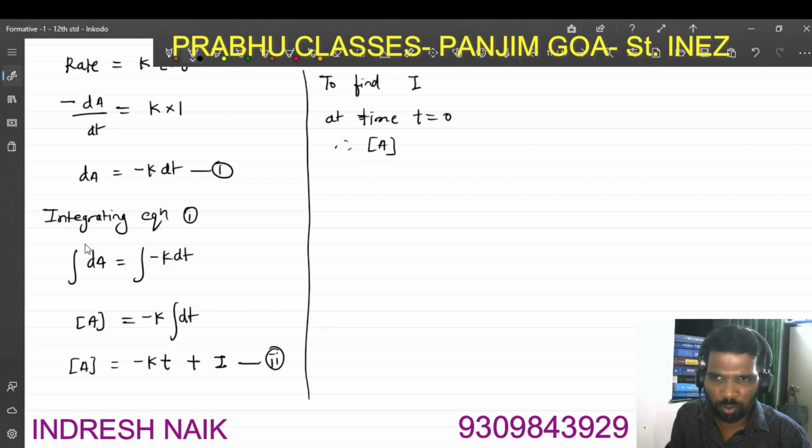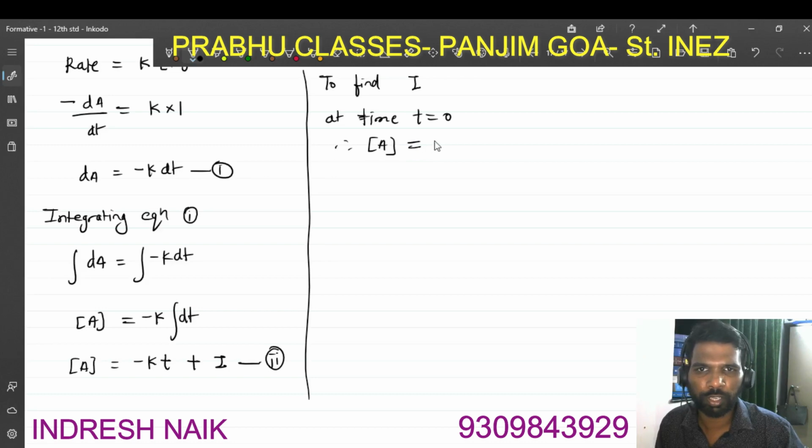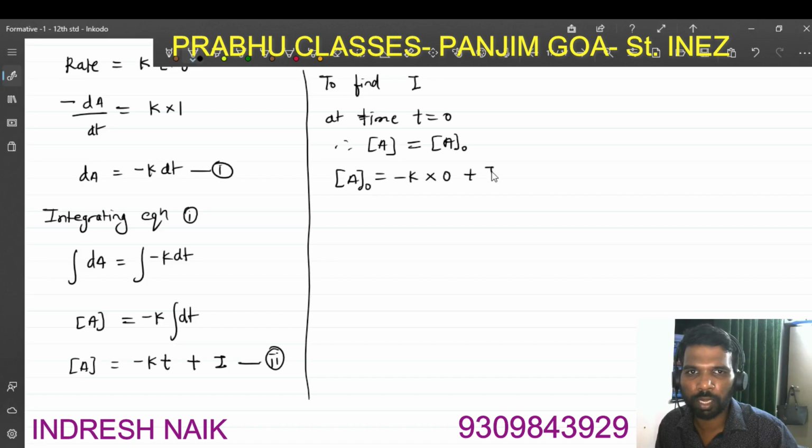You can start with R also; accordingly, this thing is going to change. At time t equal to 0, the concentration of A is equal to A naught. Substituting that in equation 2, I write A is equal to A naught minus k into time, which is 0, plus I. Therefore, I is equal to A naught, the integration constant.